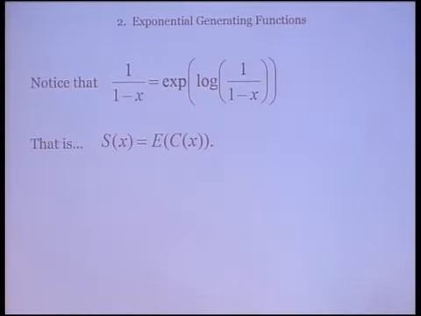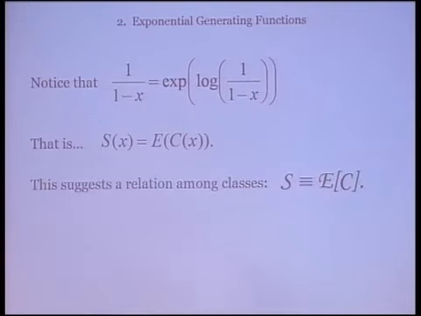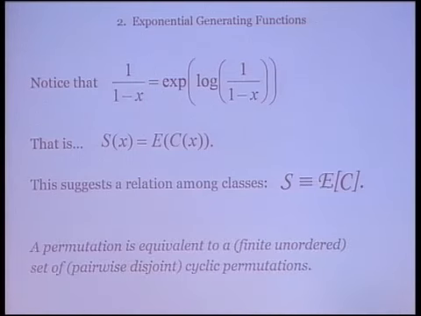So this suggests that there's something going on at a combinatorial level, not just at an algebraic level, a relation among the classes. I'm not defining this notation yet, but the interpretation is that a permutation is equivalent to a set of cyclic permutations.